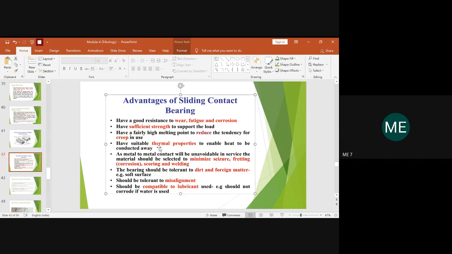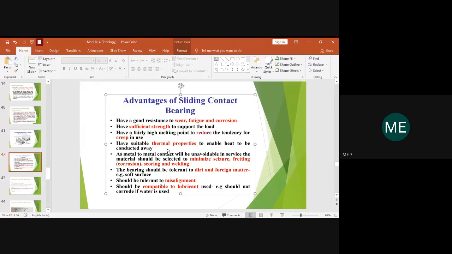Like this, you have many plus points, right? If you focus on metal to metal contact, there might be an option where it results in the formation of seizure, and corrosion can also come into picture across a metal to metal contact. This type of variation will not be seen if you select the material in such a way that it is free from all these issues.